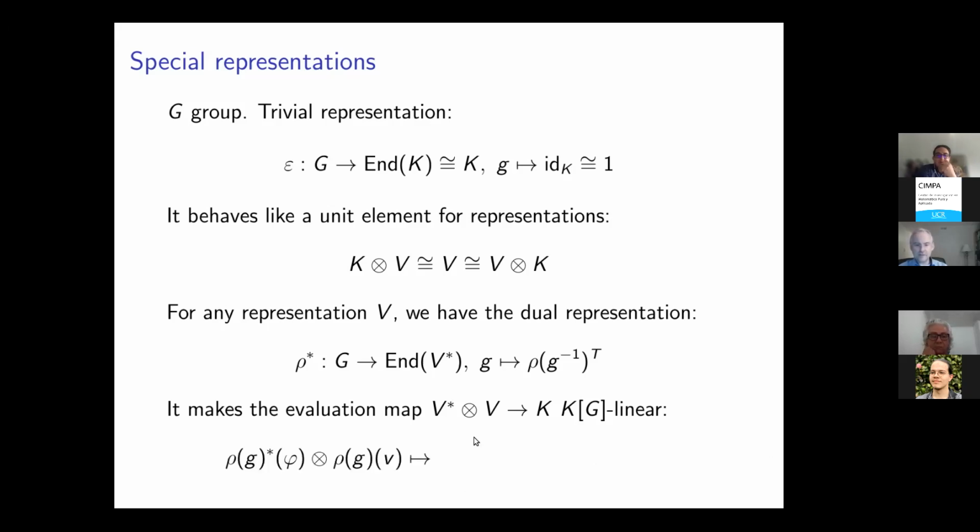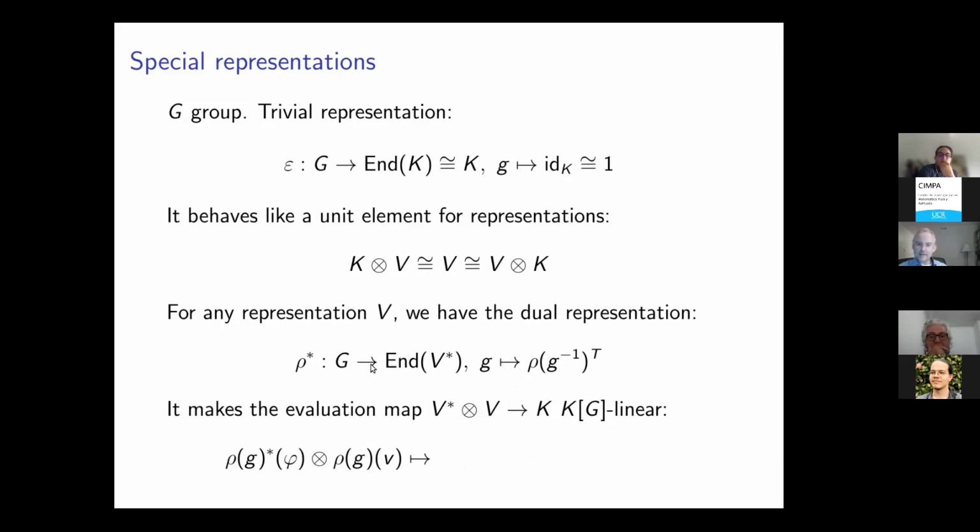So if I first take a linear form phi from V star and a vector v from big V, and then act on it with the recipe that I had explained on the first slide, I have to do this component wise. So the dual representation acts on phi, and then the given representation acts on v.